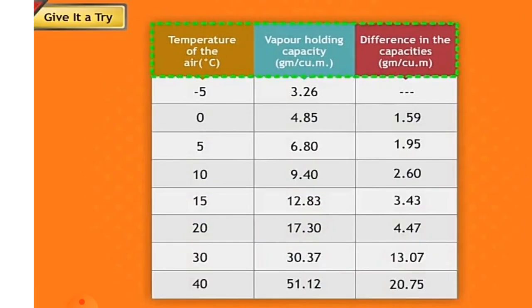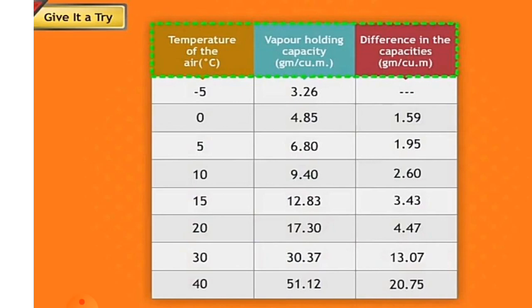Dear students, you can see the image and give it a try. Temperature of the air, which is in degrees Celsius, is -5. The vapor holding capacity is given in gram.